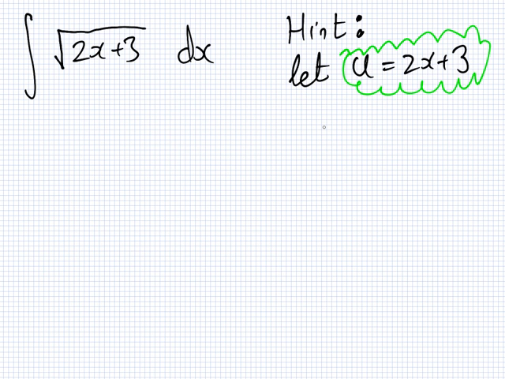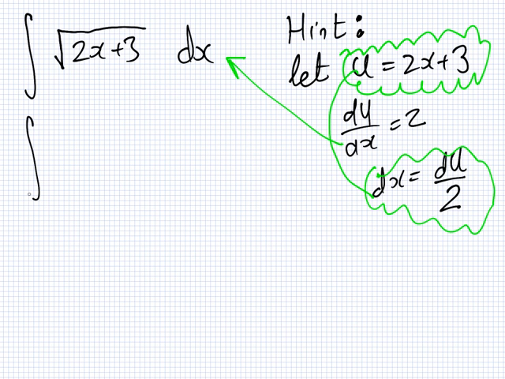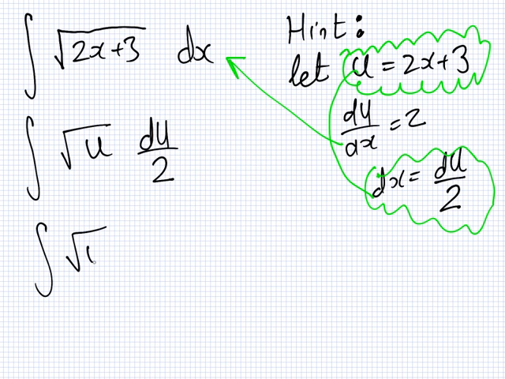Alright. Can we do this one now? Yep. You have it? So, here, what's du/dx? That's equal to 2. So what does dx equal? du over 2. Yeah? So you take that and this and put both of them back in. So this will be the square root of u du over 2. That's square root u, and the half can come out, du.